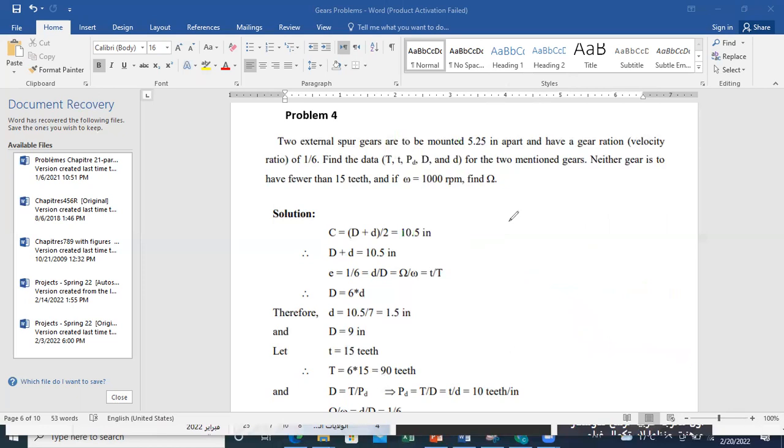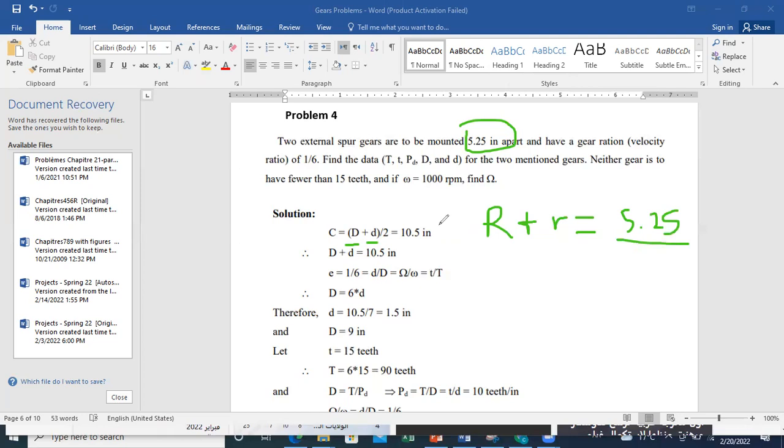So the first equation we can write now, since we know the distance between the centers, is that the pitch radius of the gear plus the pitch radius of the pinion is equal to 5.25. So we deduce that the diameter of the pitch circle of the gear plus the diameter of the pitch circle of the pinion, over 2, is equal to 5.25.